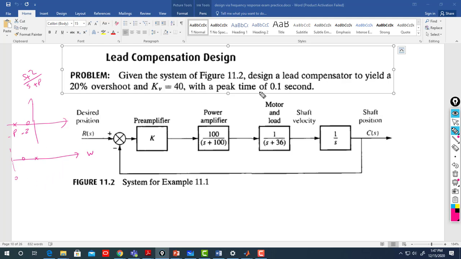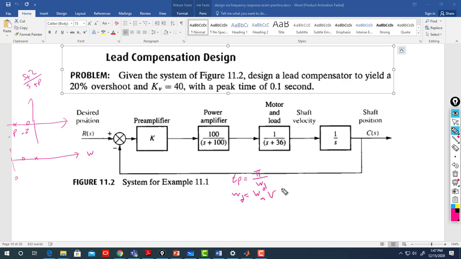So we need to design it to satisfy our requirement. Also, in the course I already introduced the relationship between time domain and frequency domain. We know the peak time is related to the speed of the system. Basically, the peak time or rise time is related to pi over omega d, so omega d is inversely proportional to the peak time, and to the rise time as well.